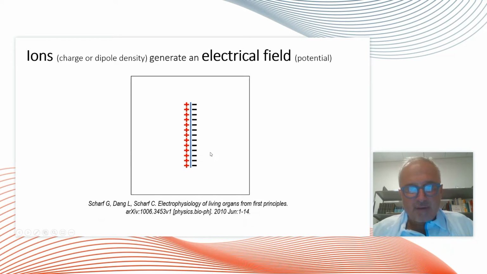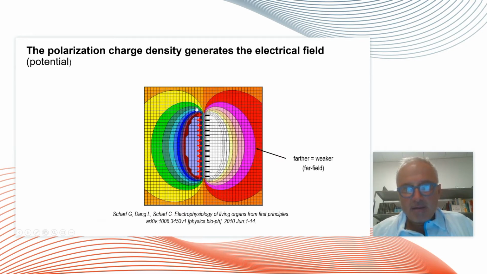This is another visualization. You see the cells, the cell membrane with plus and minus charges. They create an electrical field. These are equipotential lines of the field. It's getting weaker, far field here, and getting stronger near the charge.